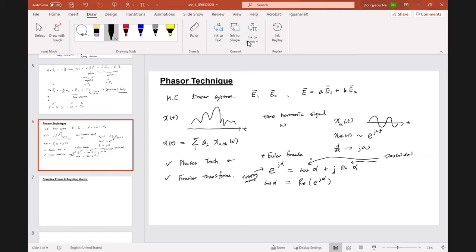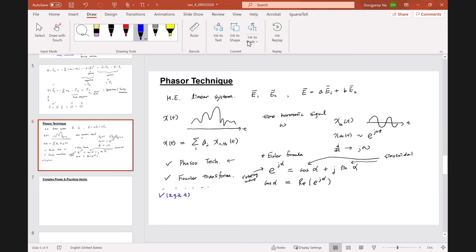And then by using this Euler formula, we're going to derive what a phasor is. To do that, let's consider an arbitrary real valued function, which is a function of space and time.